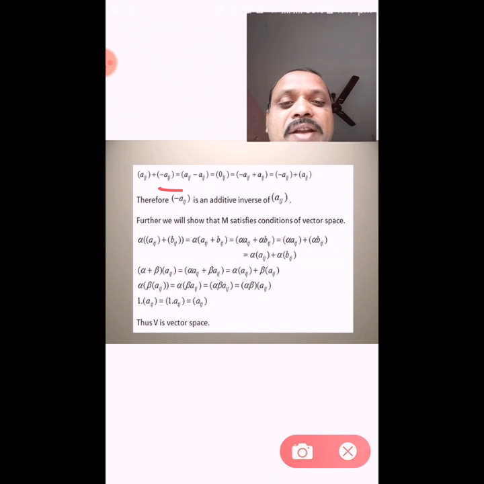If we take minus Aij, all the elements are negatives of Aij of that matrix, then we get a zero matrix here. This is a zero matrix, that is the identity. Therefore minus Aij is an additive inverse. So this shows that M satisfies the properties of an abelian group.